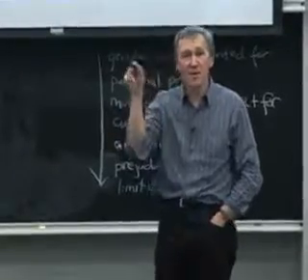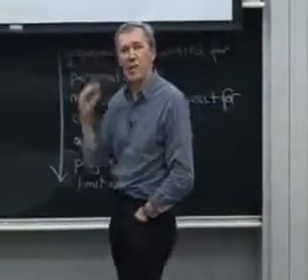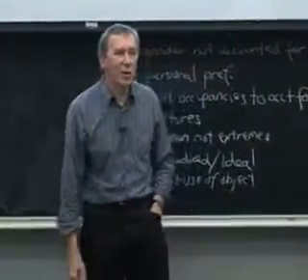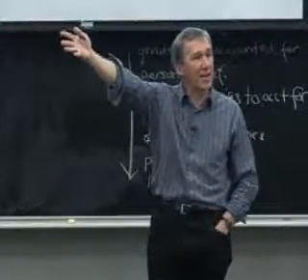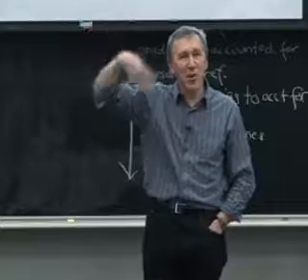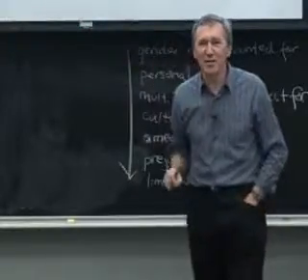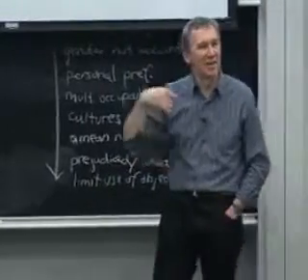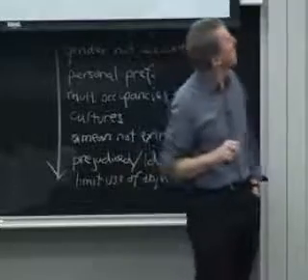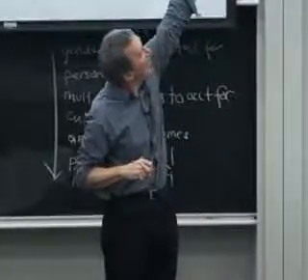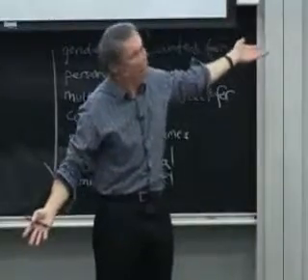I can still draw the same Venn diagram, but for each of those points in x, there's a little probability associated with that.